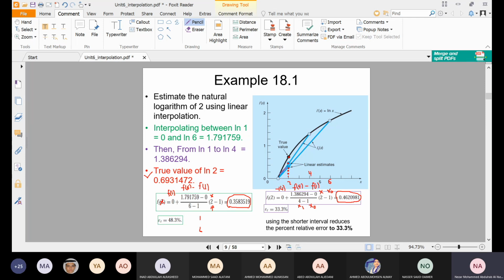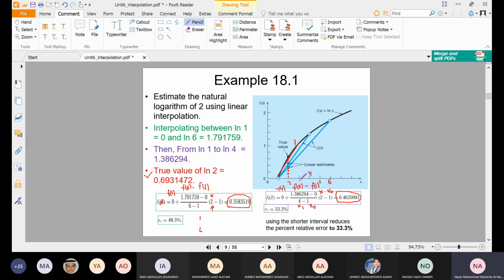You can see if we reduce the interval more, for example, we can reduce the error. If we take, for example, 0.3, the error also changes, and the estimation will be at this point.